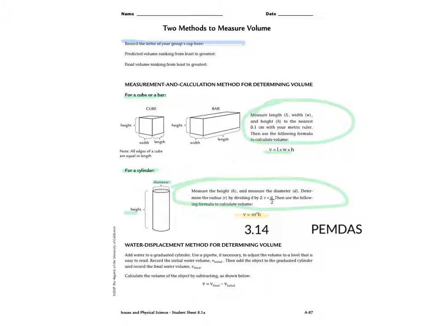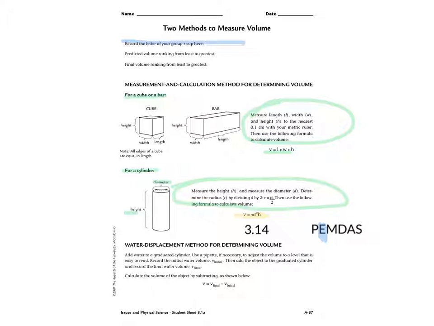When we talk about that, we talk about how parentheses come first, followed by exponents, and the radius squared is an exponent. So when you are doing your math for this, you have to do the radius squared first. Okay, so it would be 3.14, you'd plug in the radius squared times the height, and you would take the radius squared first. That would be the first thing that you would do. And then you would just multiply the rest of the numbers out to find your final volume.